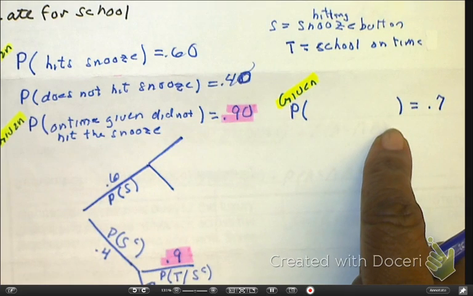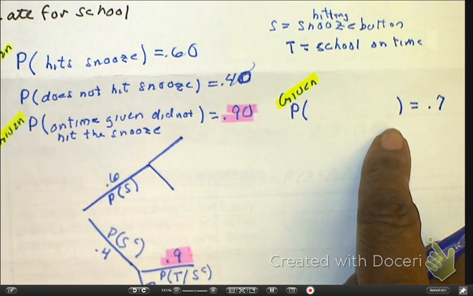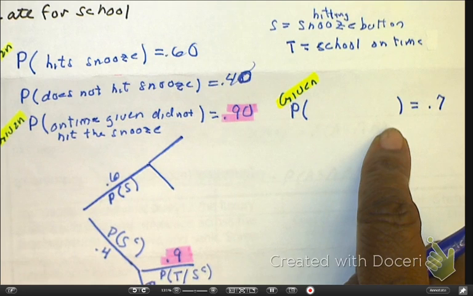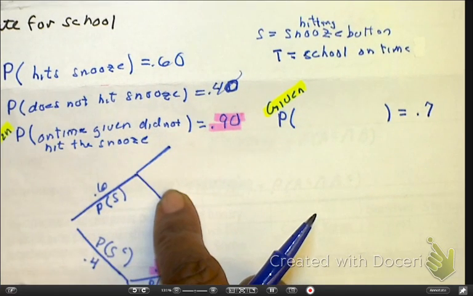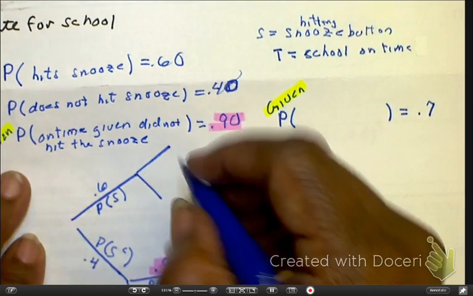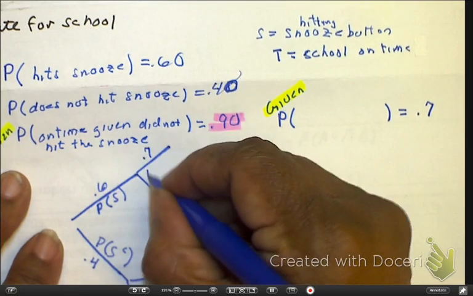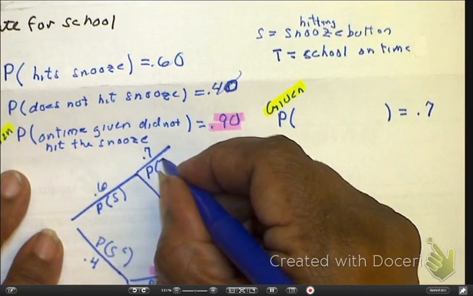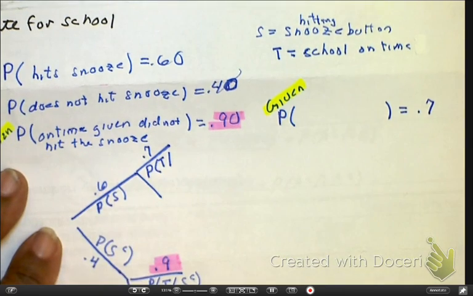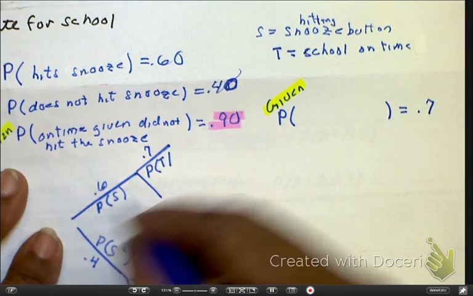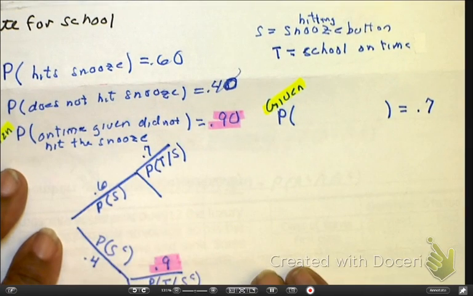Now right here it says that 70% of the time, if she hits the snooze bar, there is a 70% chance that she makes it to class on time. So right here, remember up here is the making it to class on time. So this is going to be the 70%. This is the probability of she made it on time given that she hit the snooze button.